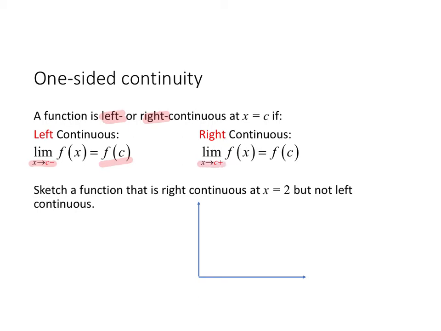If you have a right hand limit that's equal to the function value at c, it's right continuous. So if we're going to sketch a function that's right continuous at 2, then we can sketch something like this. At 2, there's something which is right continuous at 2, but it's not left continuous. So it'll be like this.